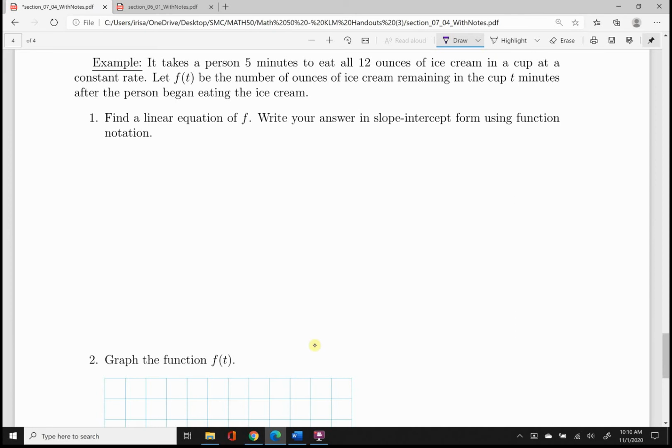If it takes 5 minutes to eat all 12 ounces of ice cream, then there are some ordered pairs that we could come up with. So at t equaling 0, how many ounces of ice cream do we have? Well, we have 12 ounces, so f of 0 equals 12. 0 minutes have elapsed, so all 12 ounces are present. Now let's entertain another scenario in which the 5 minutes have elapsed.